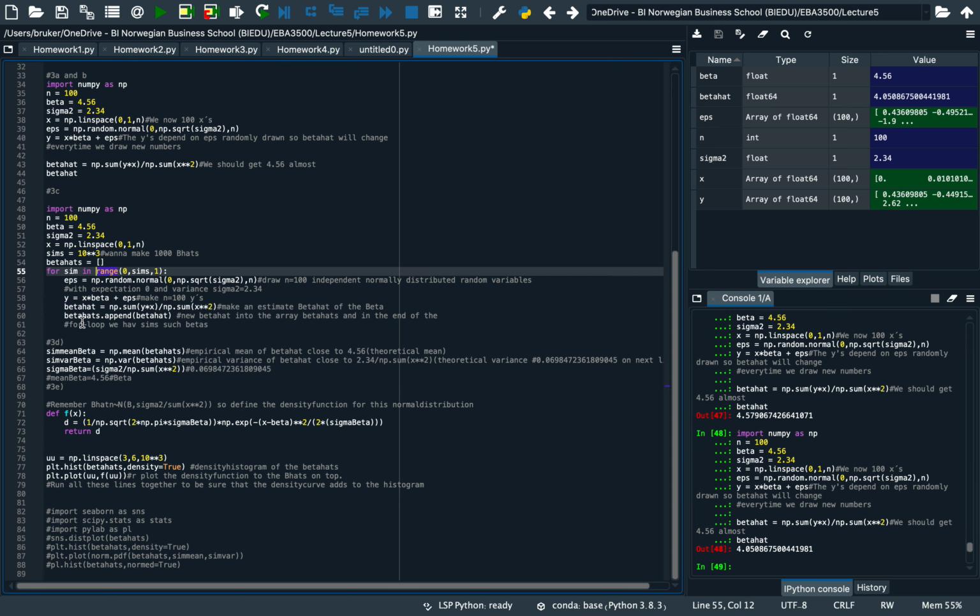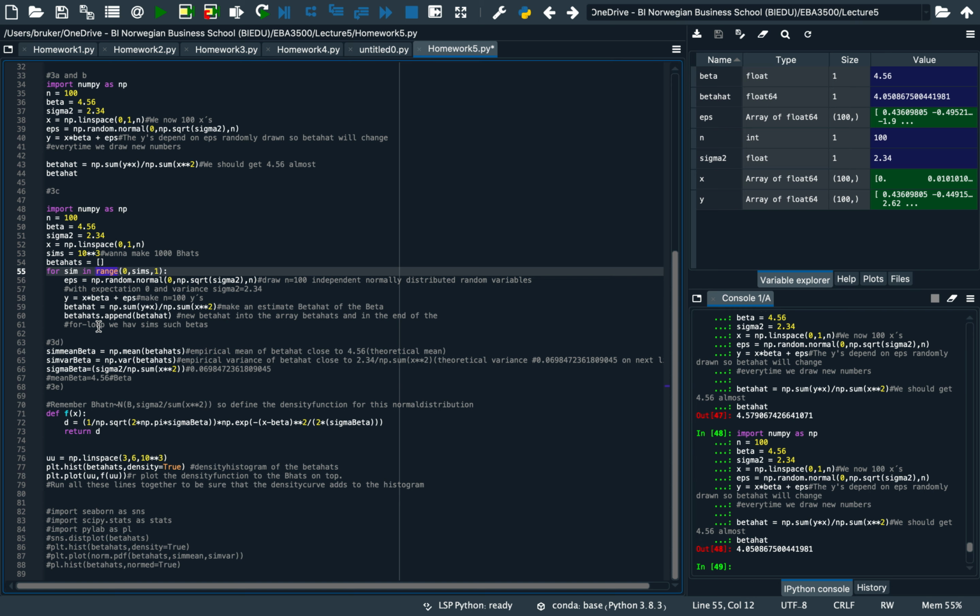I make one new beta hat by taking the sum of the y times the x divided by the sum of the x to the power of 2. And then I put this beta hat into the vector beta hats, and this time it will be element 3. And we do this 1,000 times, so we get 1,000 elements in beta hats. So that's what exercise 3C is all about.